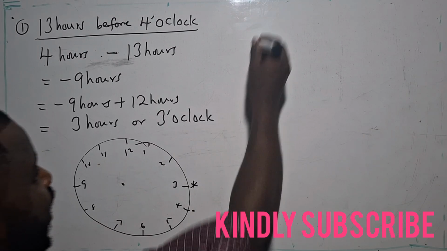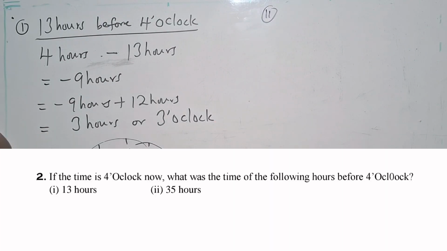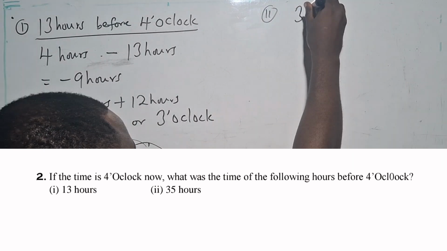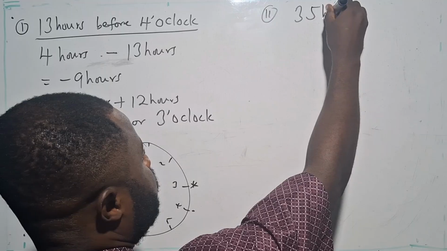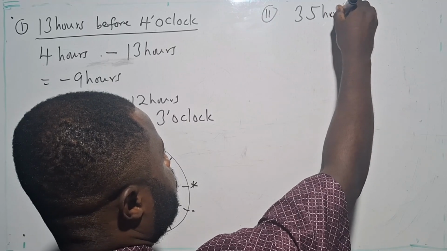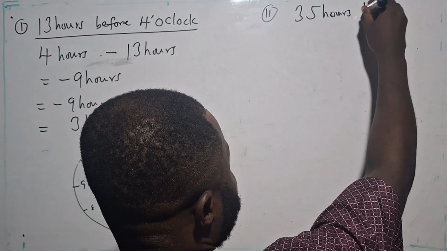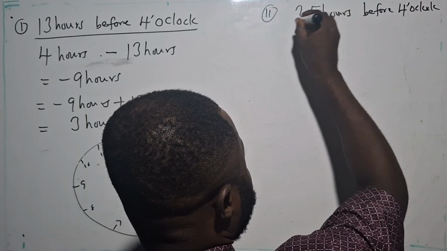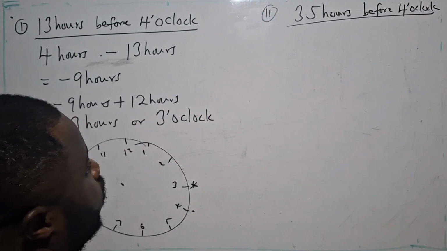So let's come to the second one. The second says 35 hours ago. 35 hours before 4 o'clock. 35 hours before 4 o'clock.